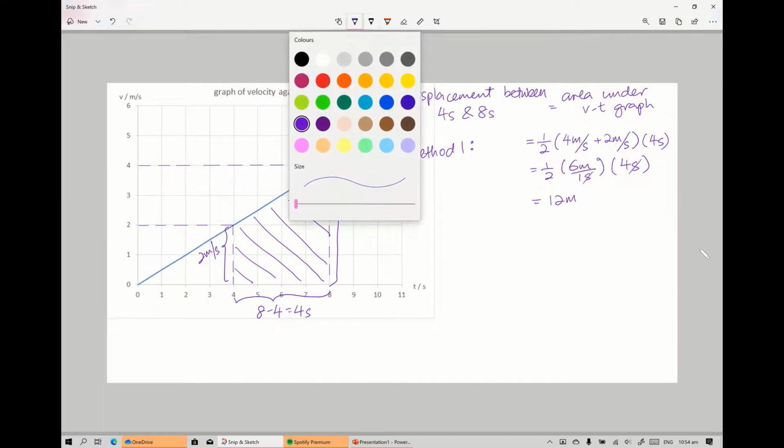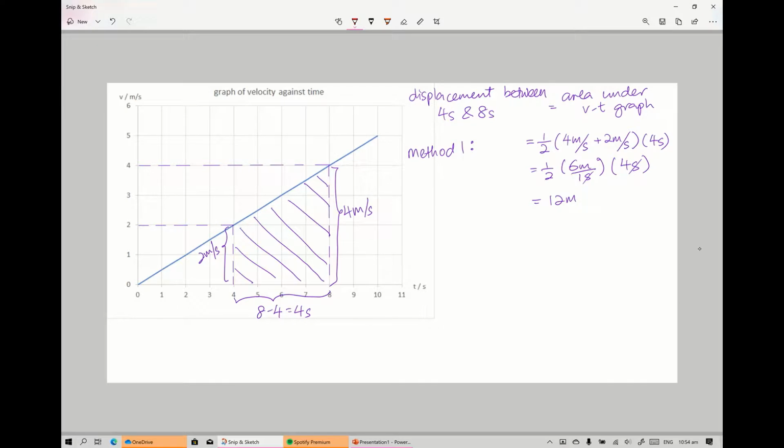But notice I emphasize area under VT graph. I don't talk a lot about what kind of shapes they are. I keep focusing on area under VT graph. So that means there's another method, which I think some of you could have seen.